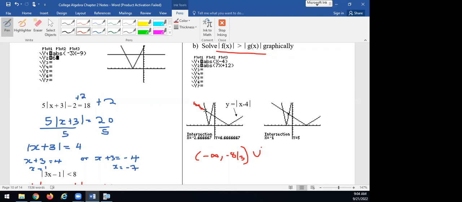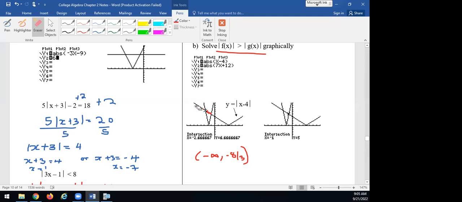Is it above it? Right here as well. So because there's no gap in it, we don't need to use a union, we could just continue straight. Let's see here.